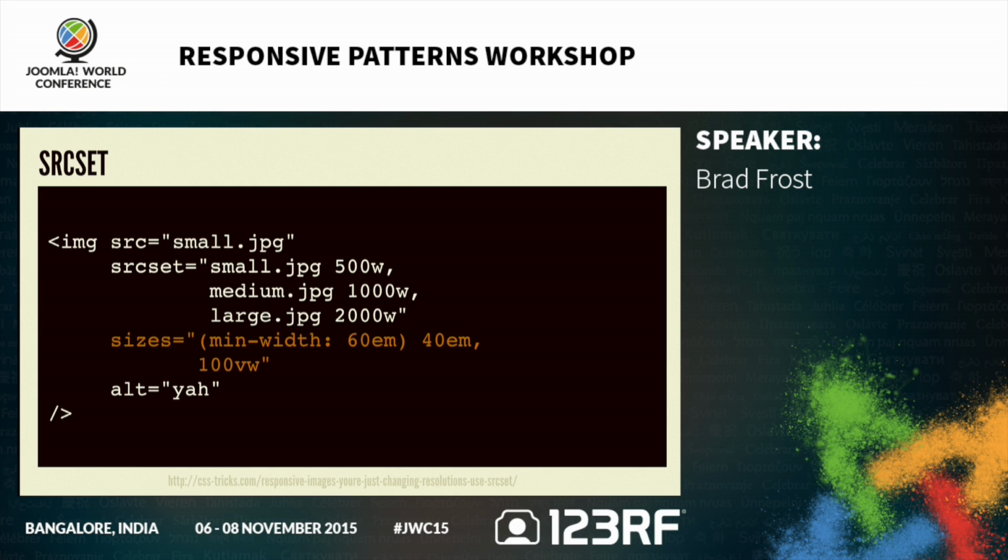So what we could do is provide extra information to the browser that basically says, hey, if the screen is at least 60 ems wide, these images are going to display as 40 ems wide, right? So you basically tell the browser, here's what size of box this image is going to display in. And then the browser is going to, again, calculate all that stuff and pick the right size of image to choose. Okay?